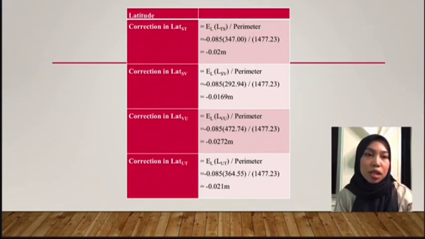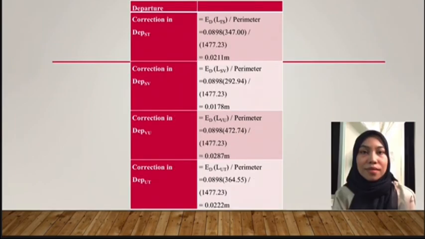And the last one is correction in latitude UT, EL times LUT in bracket per perimeter. The value of EL is 0.085. The value of LUT in bracket is 364.55 per perimeter, 1477.23, and the answer is negative 0.021 meter.